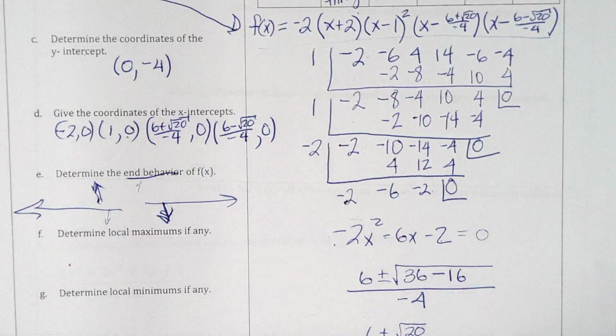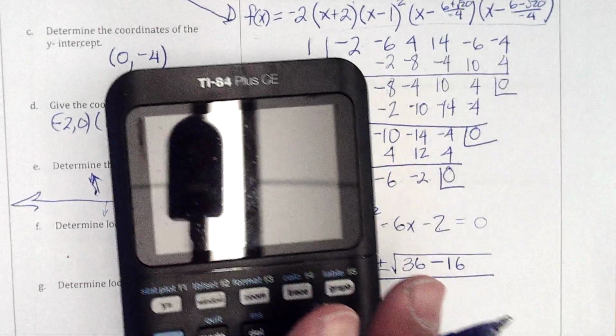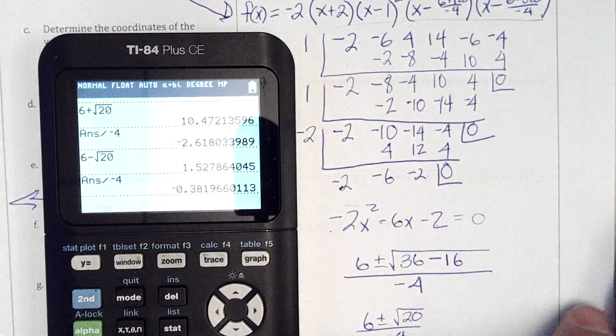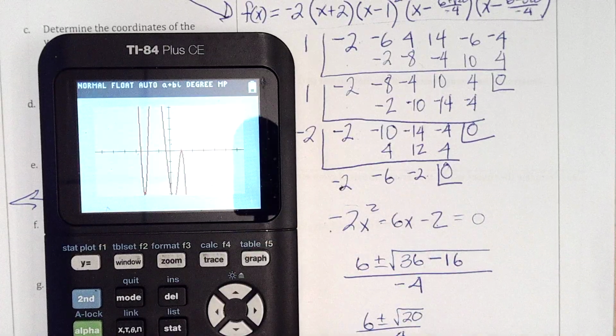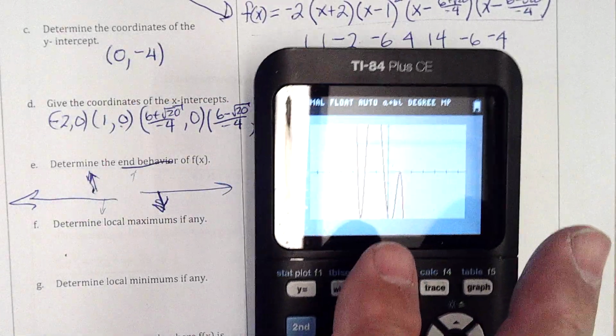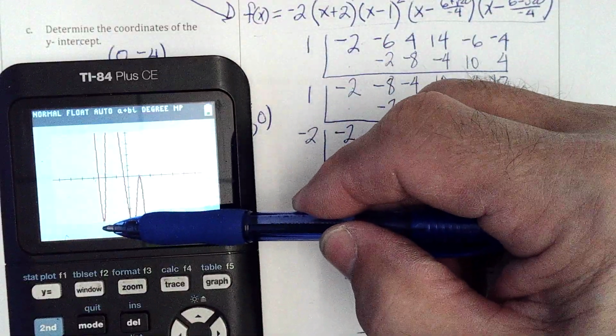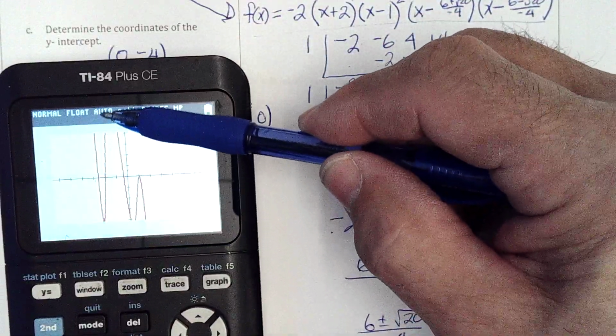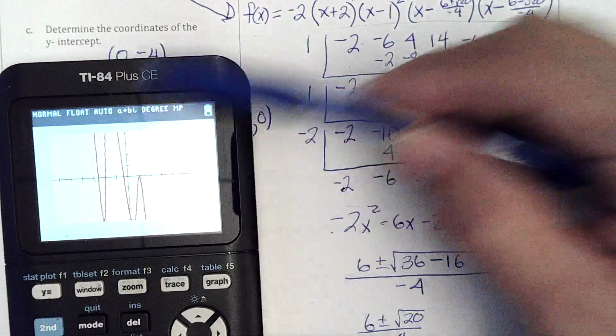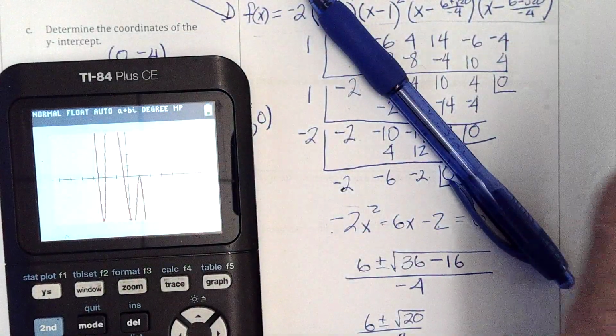Local maximums. All right, now we're going to bring the calculator back. Desmos, this is a little easier, but we'll do it on the calculator. Local maximum. This graph is coming down, and that's a minimum. Then it goes up here someplace to a local maximum. On Desmos, you can just tap it.